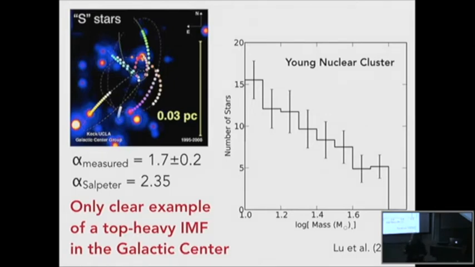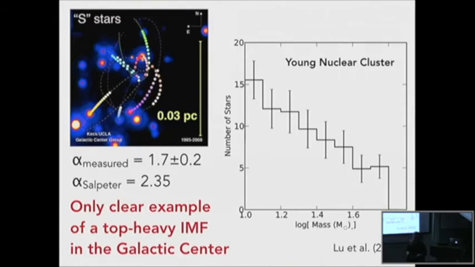And the reason I say this is our best evidence right now is because these stars mostly formed in the potential of a supermassive black hole, and for the most part likely stayed there. Whereas when we measure the IMF, or rather the present-day mass function, of the other clusters, it's very likely that they've been stripped significantly by their journey throughout the central potential. So here we say, okay, stars that close to the black hole seem to have formed differently.